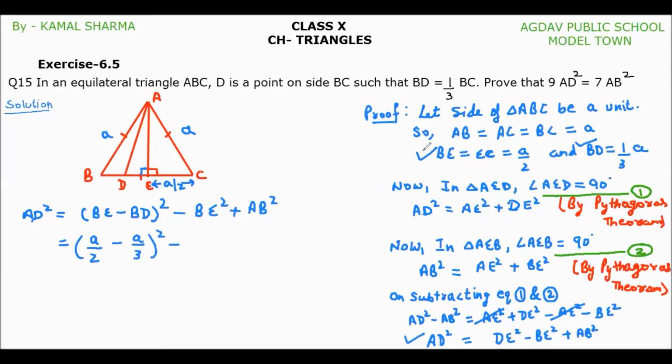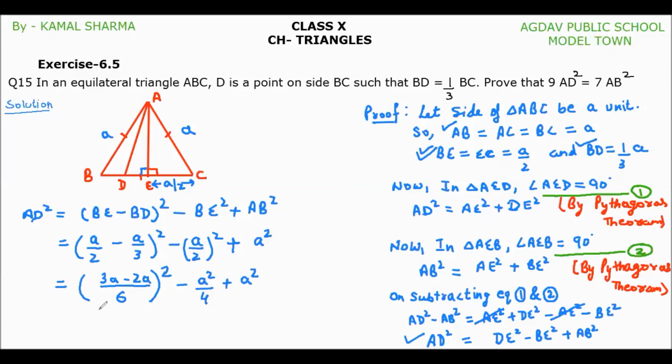Again BE equals A by 2, so instead of this BE, I will write A by 2 and whole square, plus AB square. You can see here AB was A, so A square. Now after taking the LCM of 2 and 3 and solving this bracket, I'll get 3A minus 2A whole square, and this will become A square by 4 plus A square.